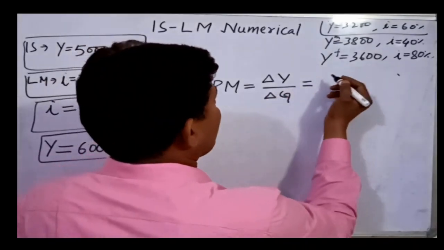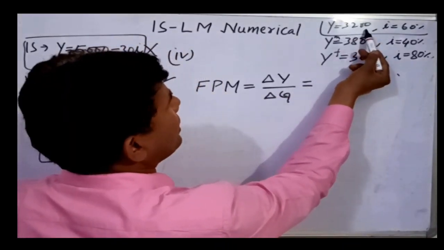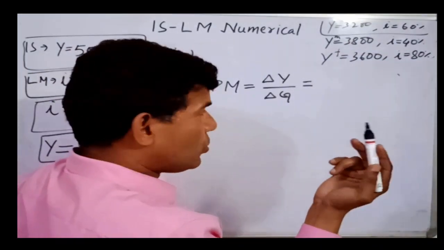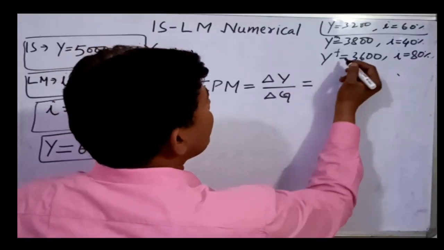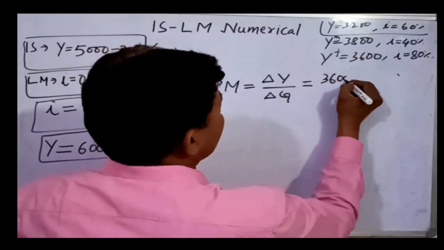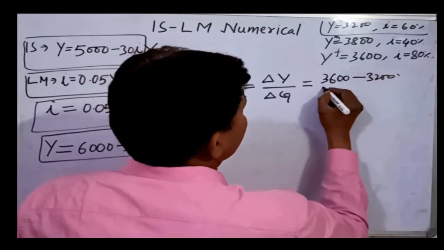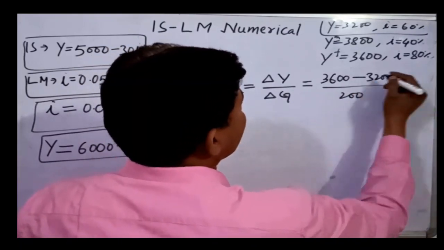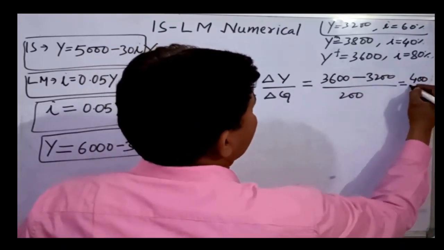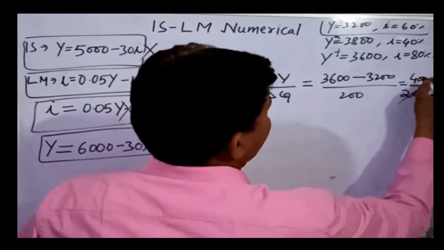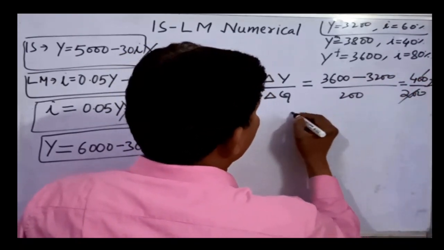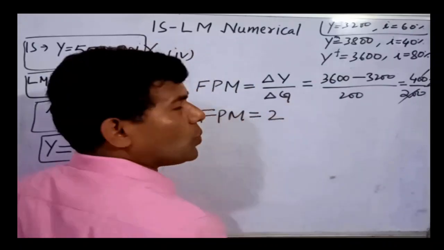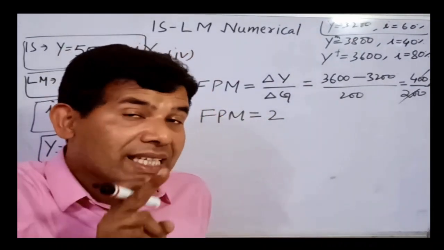Your income increased from 3,200 to 3,600 due to the rise in government expenditure, by 200. So change in income is 3,600 minus 3,200 divided by change in government expenditure, 200. We get 400 divided by 200, which is 2. So FPM is equal to 2.